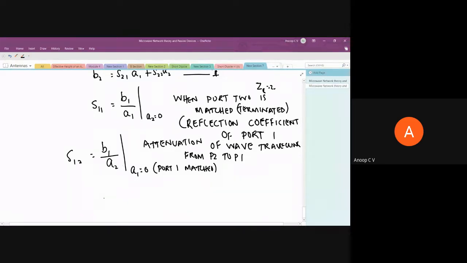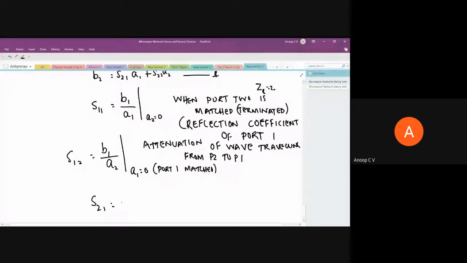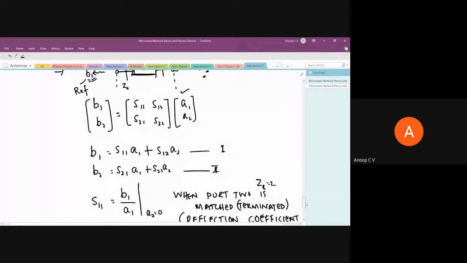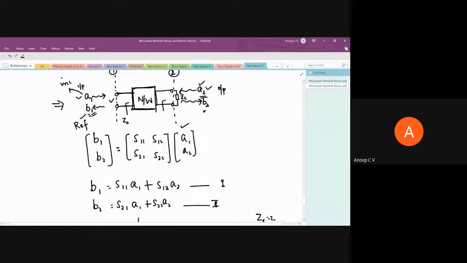Similarly, what will be S21? S21 will be B2 by A1 when A2 is 0. A2 is 0 means port 2 is matched. Port 2 matched means I have to connect Z0 at port 2, then there won't be any reflection.